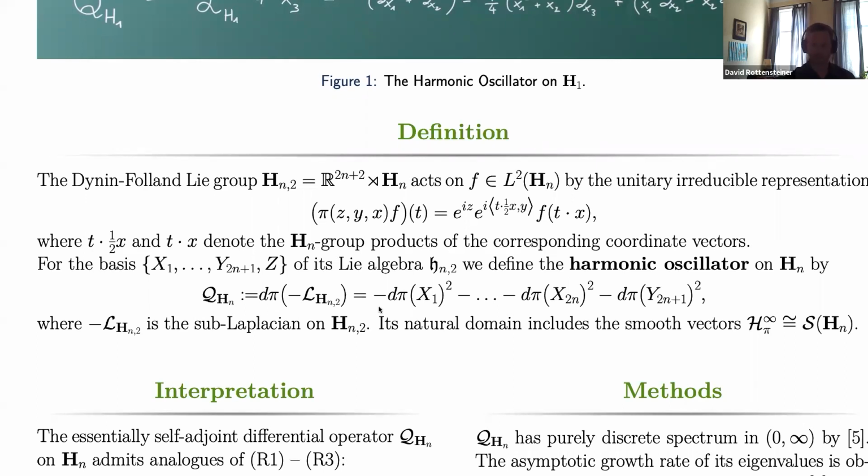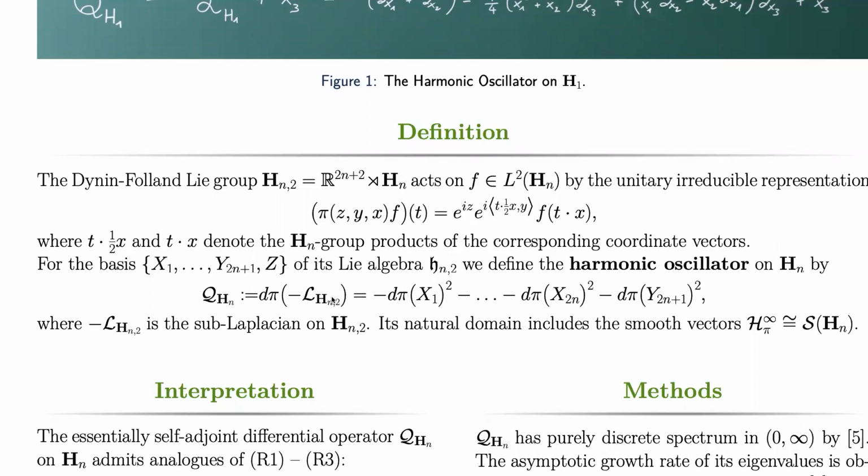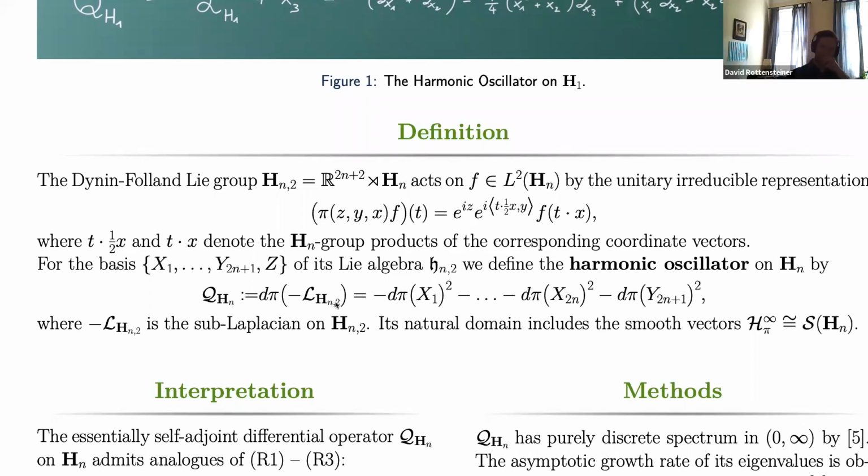If we take the infinitesimal representation of the Lie algebra and look at the image of this negative sublaplacian, then we get an operator which is essentially self-adjoint and whose domain lies inside L2 of H_n. The domain in particular includes the smooth vectors of that representation, which are precisely the Schwartz functions.